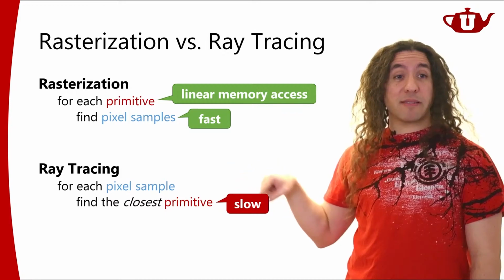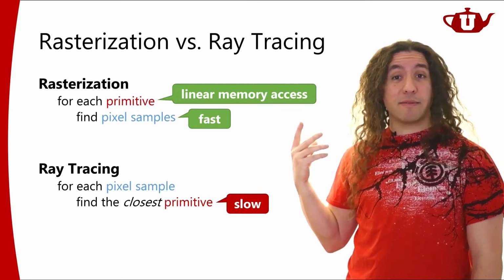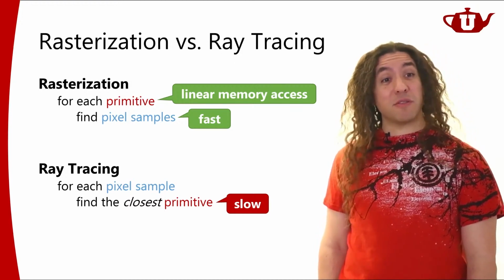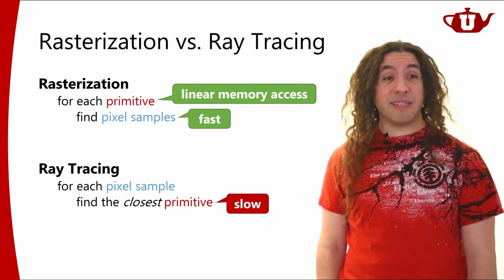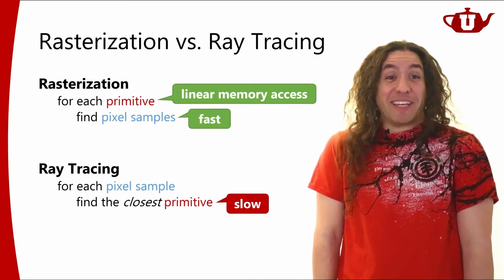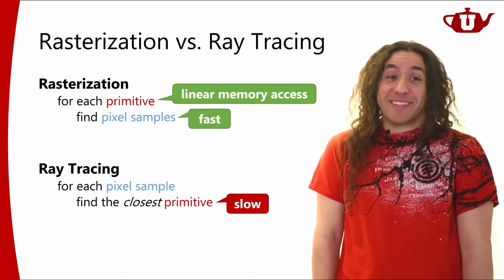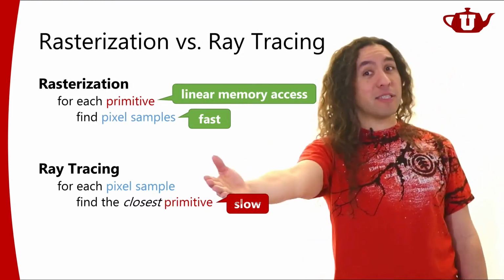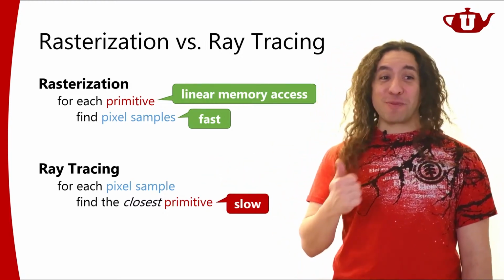With ray tracing, however, I have my pixel samples, I have my rays, and then I need to figure out which triangle those rays would hit. So, I'm not looking at those triangles in order. I could, in theory, for each ray, go over the entire scene, but that would be super slow.